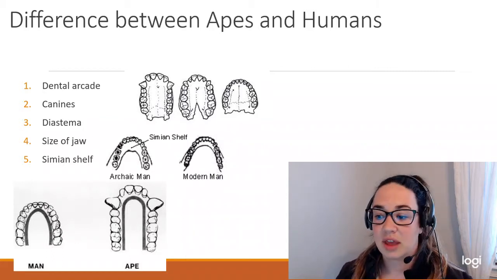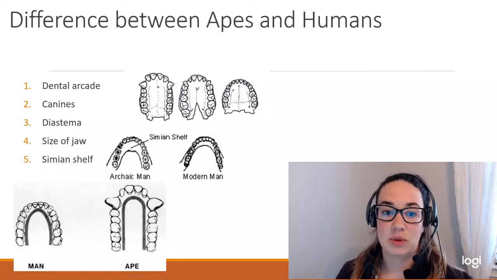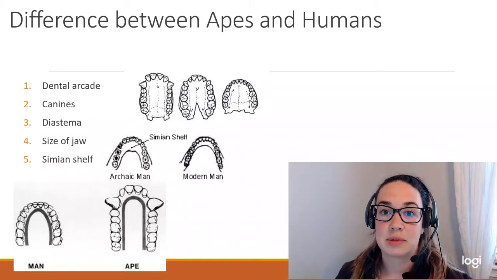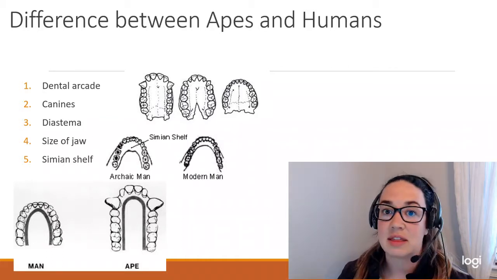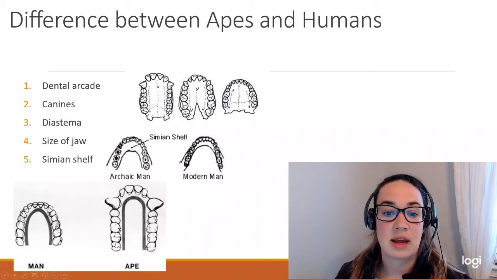So another thing that primates have that humans don't have is a diastema, which is basically a large space that's separating certain types of teeth from other types of teeth in the mouth of a primate. And you can see here that here is a diastema, if you can see where my mouse is pointing.